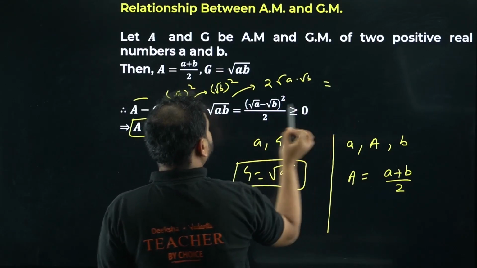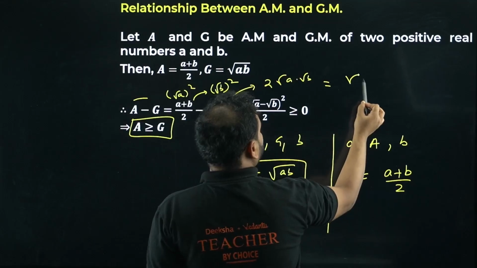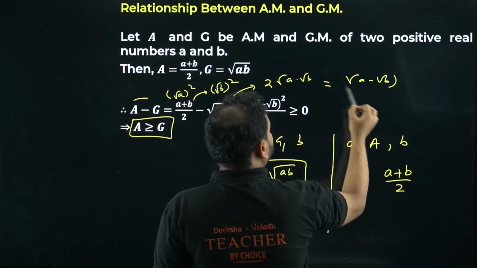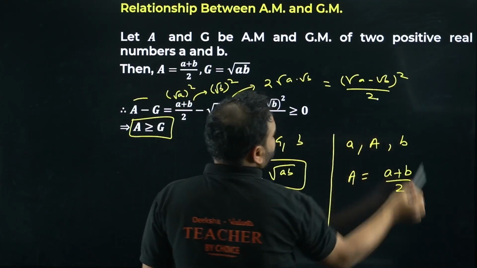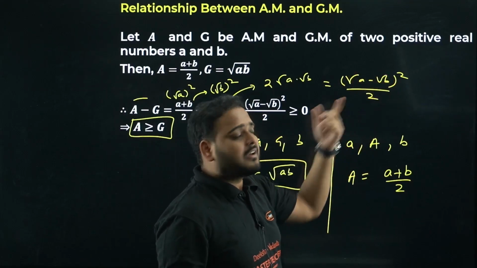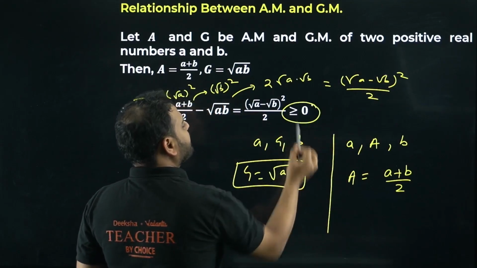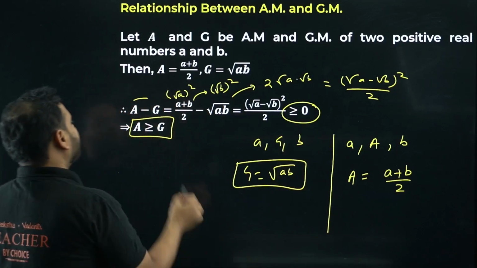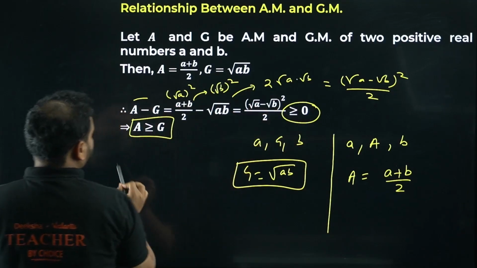So we can write this whole term as root a minus root b the whole square by 2. It's a whole square, right? Either 0 or positive. From here, if you move the g to this side, it will become what?